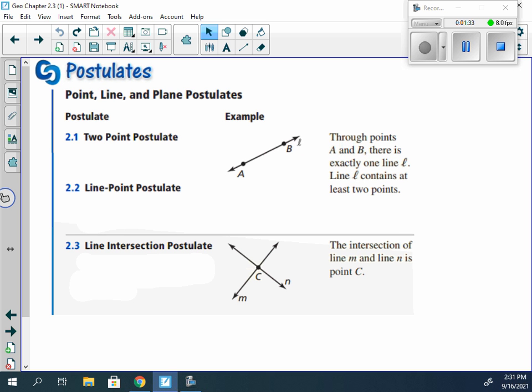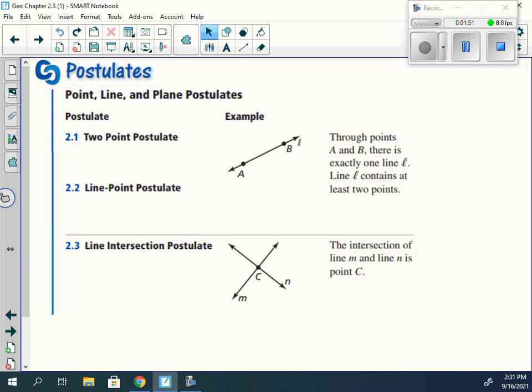Okay, guys, so let's go on and start the note sheet for today. Now, I gave you two different ones. One of them is the note sheet, and the other is a postulates sheet, a reference sheet.